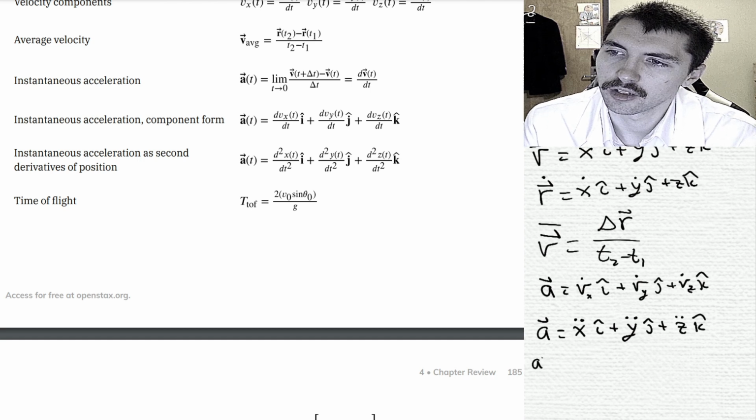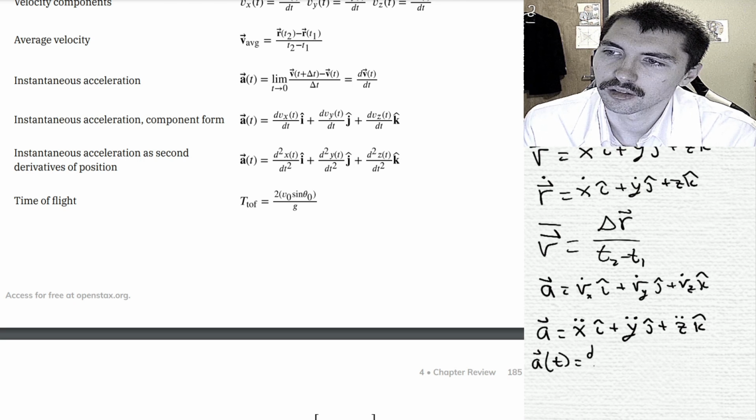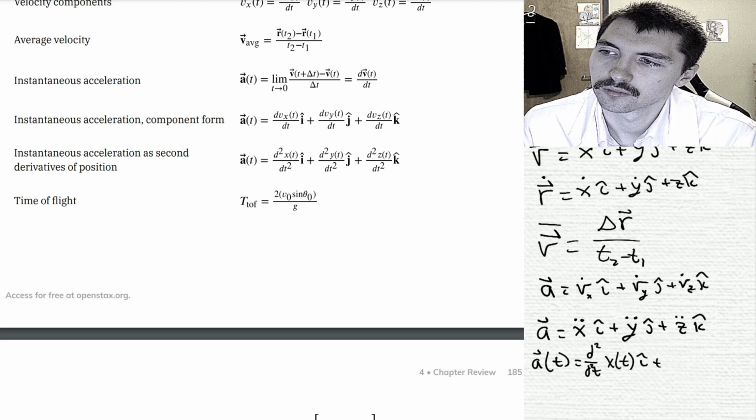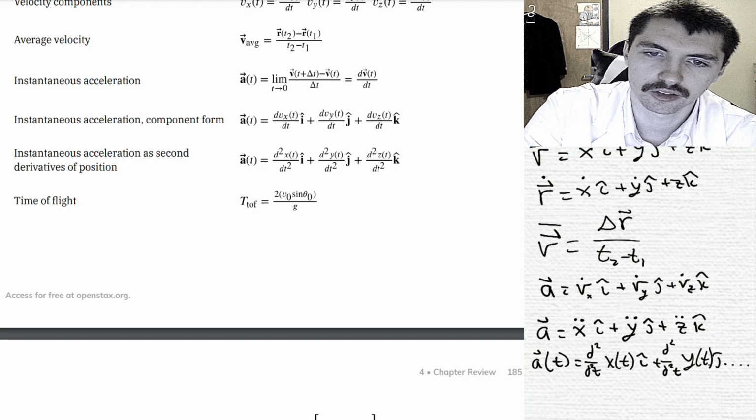And this is just saying it's the same thing as saying the second derivative of y j hat, dot dot dot. Get the point.